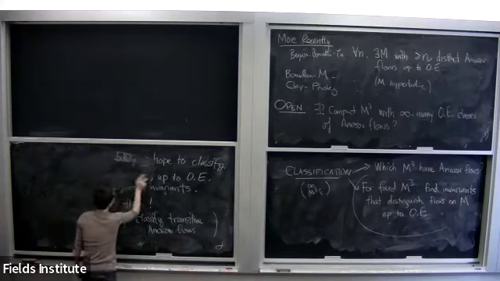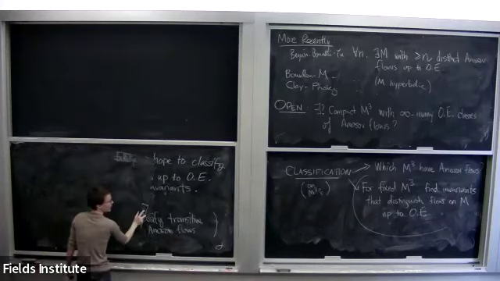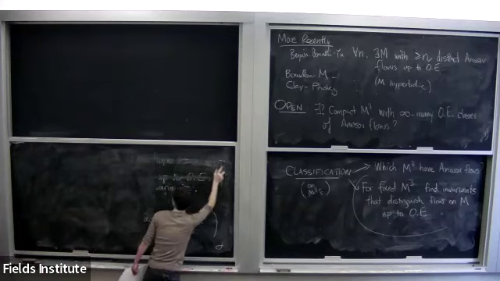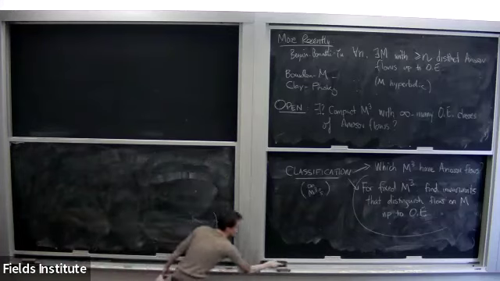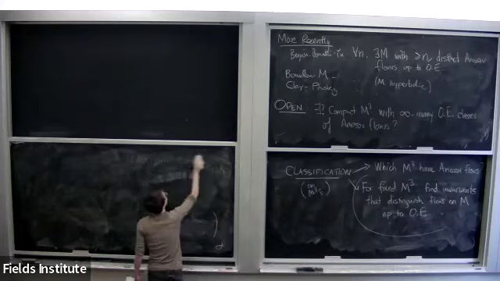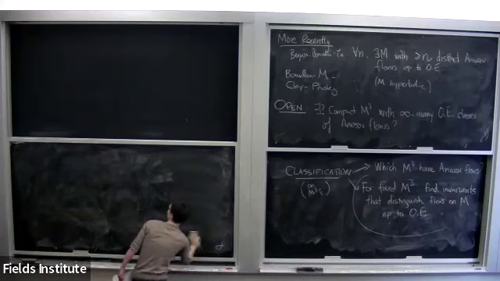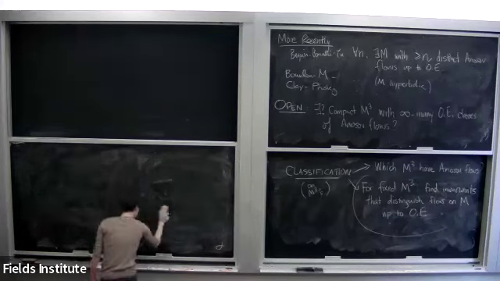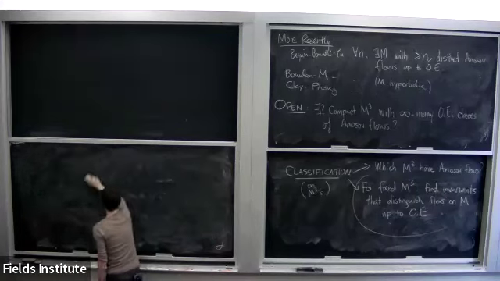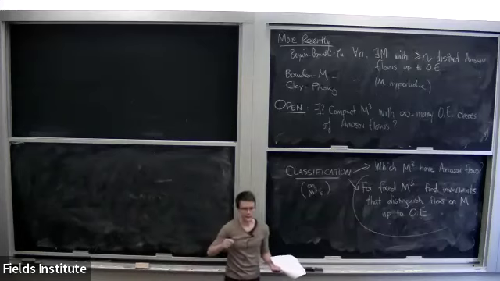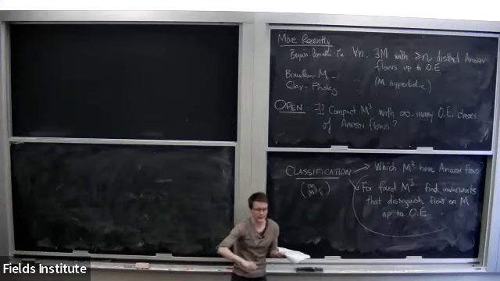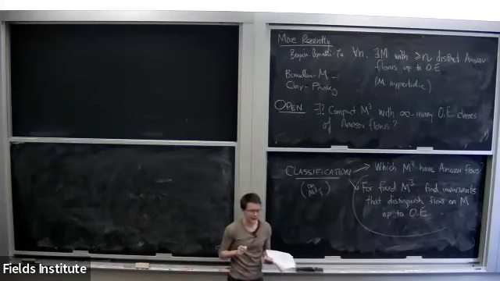Okay, so I'm going to give you now one invariant, just like a thing that you could write down. If I have a manifold, I have a flow on it, right? The trajectories make one-dimensional trajectories in my manifold.